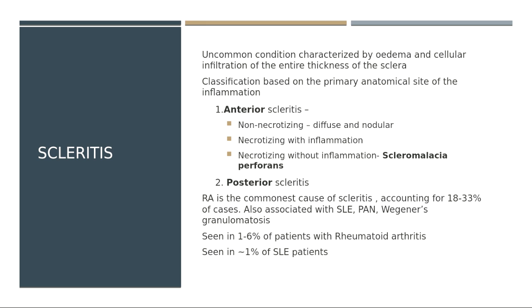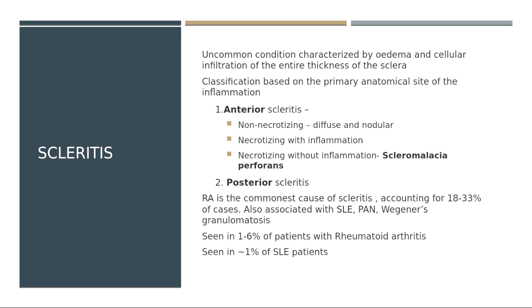Rheumatoid arthritis here again is the autoimmune disease most commonly implicated in scleritis and accounts for 18 up to 30%, up to a third of cases of scleritis being secondary to rheumatoid arthritis. It's also associated with other autoimmune diseases, your usual SLE, polyarteritis nodosa, Wegener's granulomatosis, okay?